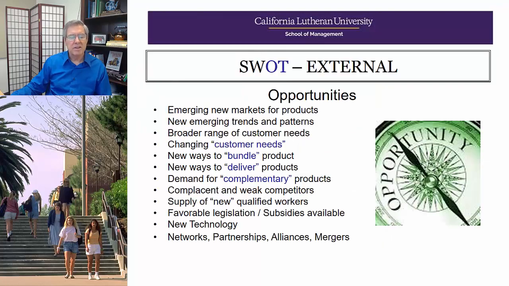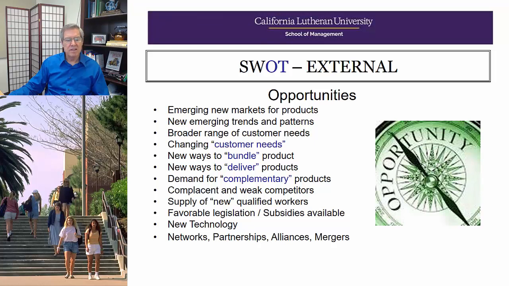So looking at the external environment in terms of opportunities, again these are some of them, the key ones. Are there emerging new markets for your products on a global basis or national basis? New emerging trends and patterns, and this can be hard or soft trends. A broader range of customer needs.